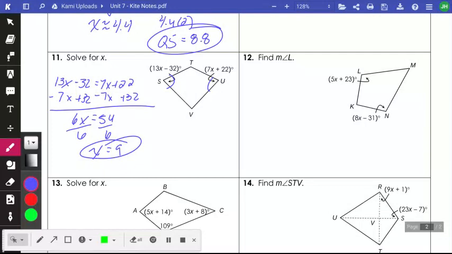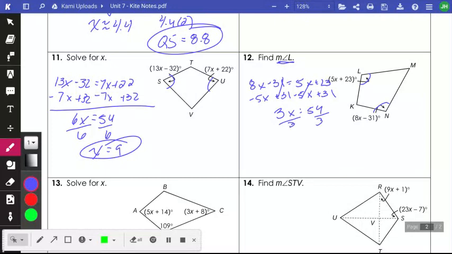Okay, let's do number 12. It's asking now for angle L, so measure of angle L. So once we find x, we will have to plug it in. But again, it's talking about these two congruent angles. So I will do 8x minus 31 is equal to 5x plus 23. I will subtract 5x from both sides and add 31 to both sides so that I get 3x is equal to 54.